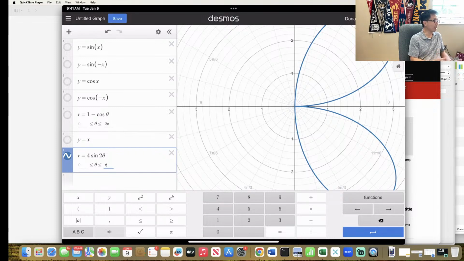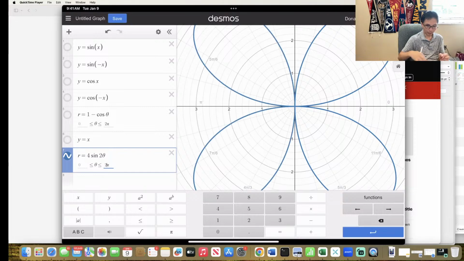Okay, we found it is symmetric to theta equal to pi over 2, right? So if I just graph 0 to pi, I can take the right part of the graph and do a reflection across the y-axis. Then they will give you this, right? But when we test it, you're gonna say, well, this looks like it's symmetric to the x-axis.